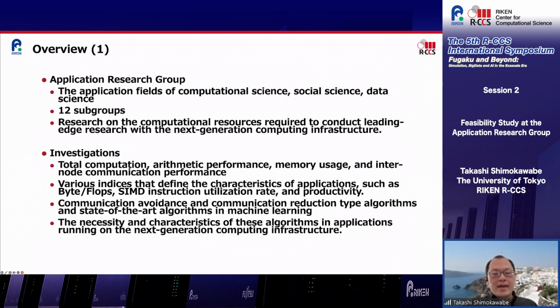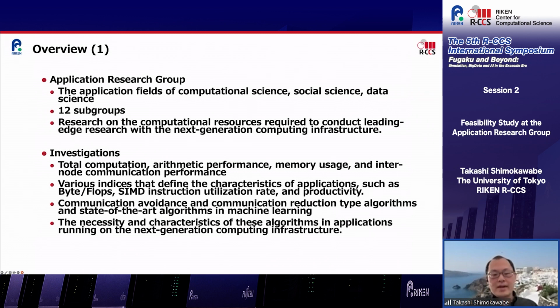So we investigate a wide variety of applications using general indexes such as the total computation, the arithmetic performance, memory usage, and the internode communication performance. In addition to the general indexes, this research includes the survey of various indicators that define the characteristics of the application programs, such as the byte per flops, the SIMD instruction utilization rate, and the productivity.